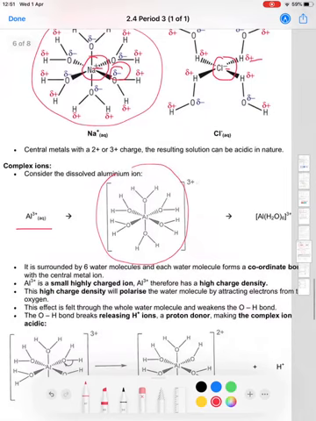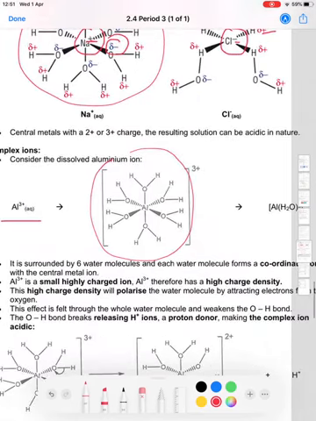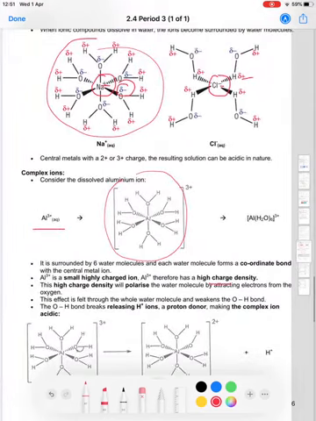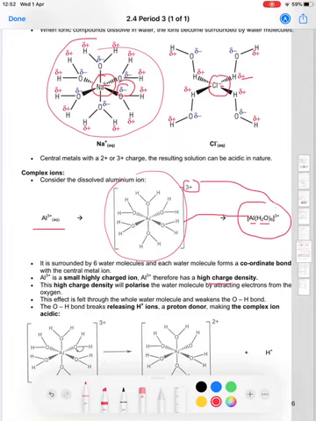So we can actually write it like this. We've got the aluminium with 6 waters surrounding it. And then we've got the square brackets here, which correspond to those square brackets there. And then we've got the 3 plus charge on the outside of the brackets, which is what we've got here.